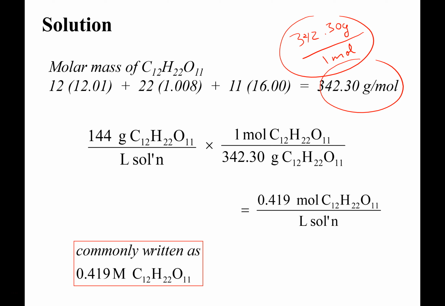So I probably would just jump right to 0.419 molar of the compound, C12H22O11. So two ways of describing solution concentration that I want to worry about for y'all this semester.